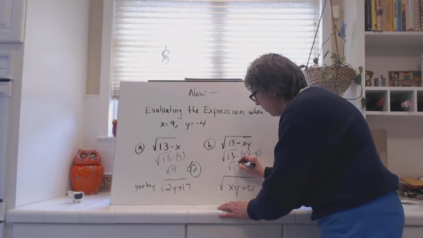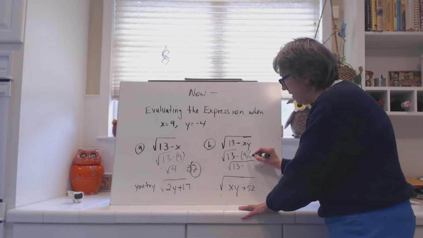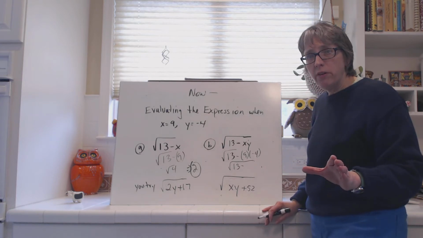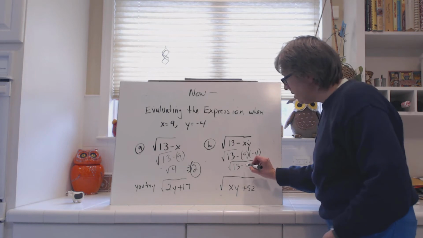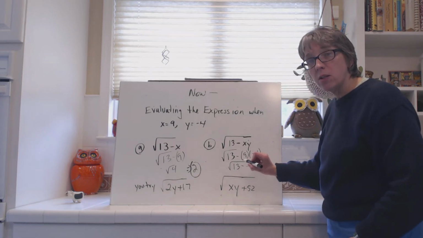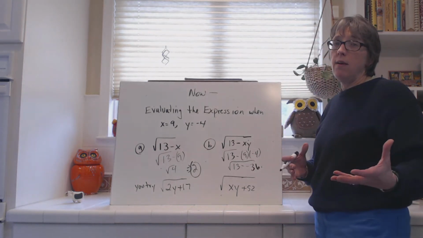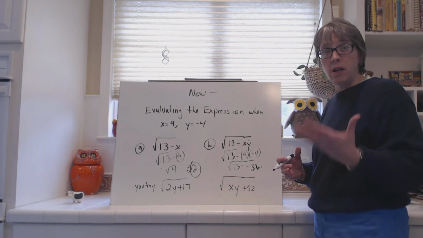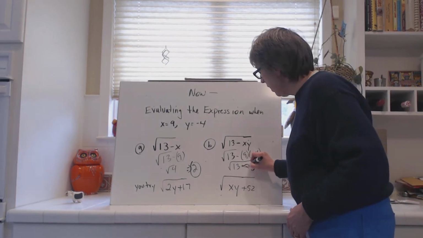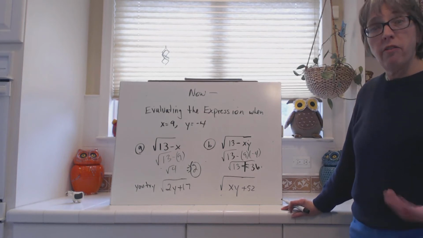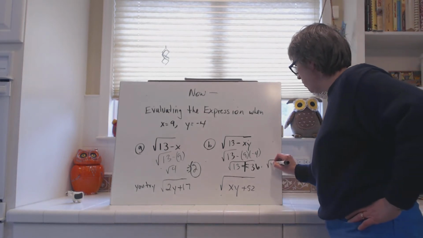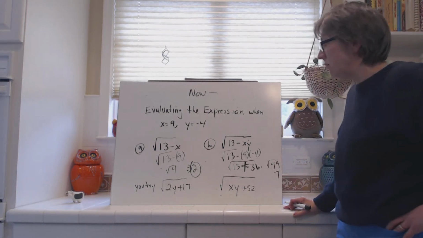We bring down our 13 minus, and then 9 times negative 4 is negative 36. So we write negative 36, but then we have 13 minus negative 36. When we have minusing a negative, it becomes a plus. So 13 plus 36 becomes 49. So the square root of 49 is 7.